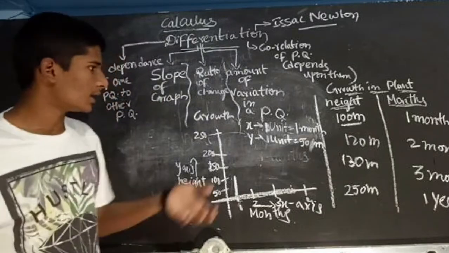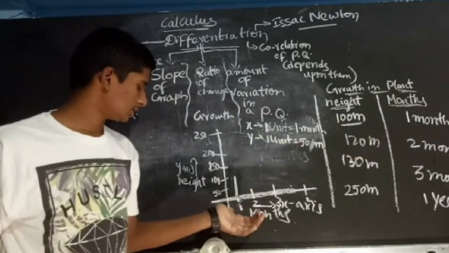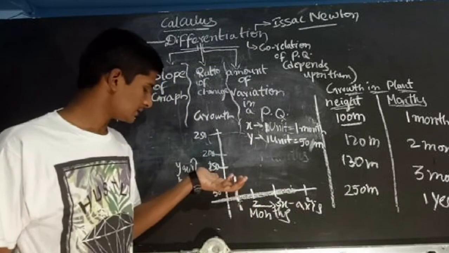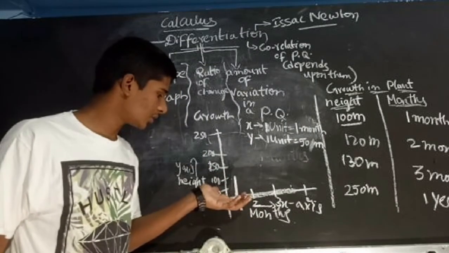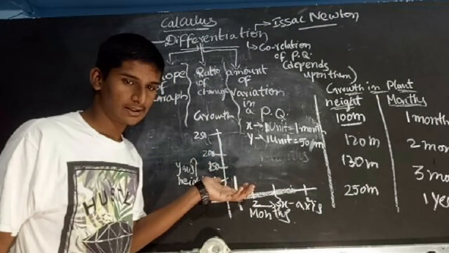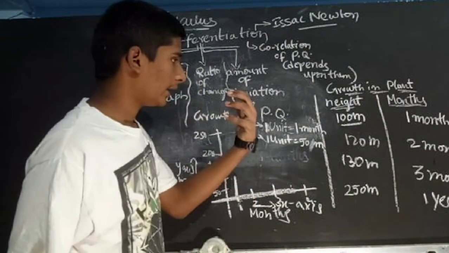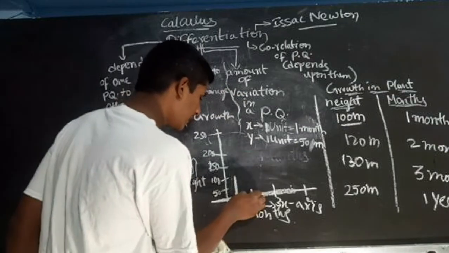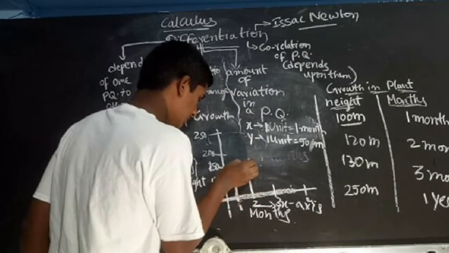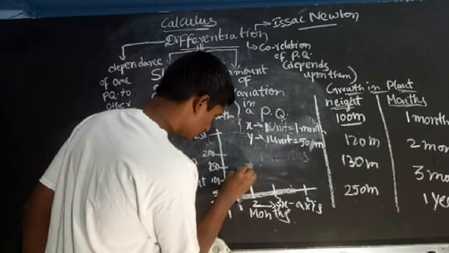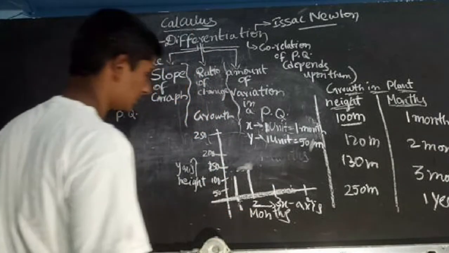Okay. Then in 1 month, the plant is growing, that is, the height it is growing is 100 meters. Then in 2 months, it is growing to 120 meters. This is 120 meters.